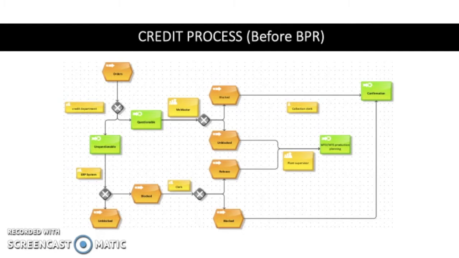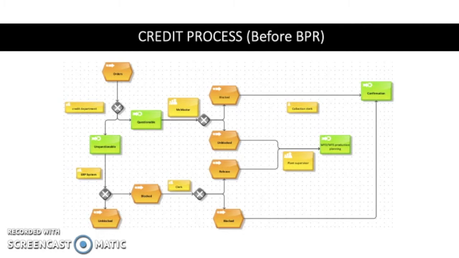At the same time, for the unquestionable orders, the enterprise resource planning system defines at first all the unquestionable orders to be blocked and unblocked, and among them, the blocked orders need to be manually confirmed by another clerk in order to be released.